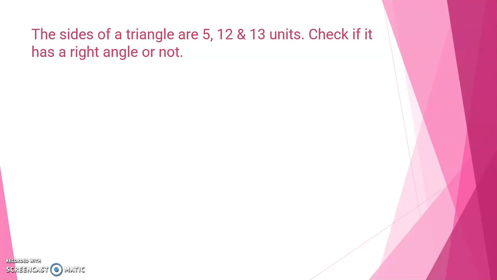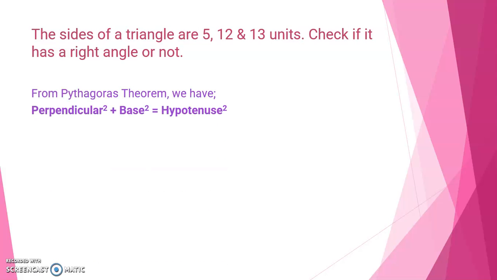Last but not least, the sides of a triangle are 5, 12, and 13 units. Let us check if this has a right angle or not, by checking if it obeys Pythagoras theorem. From the theorem, perpendicular squared plus base squared equals hypotenuse squared.